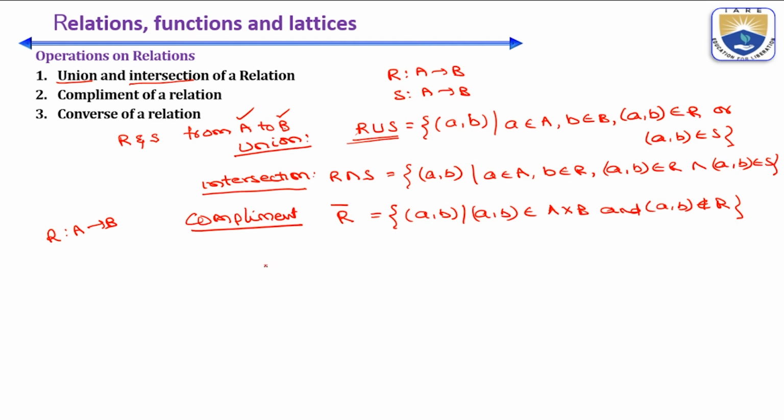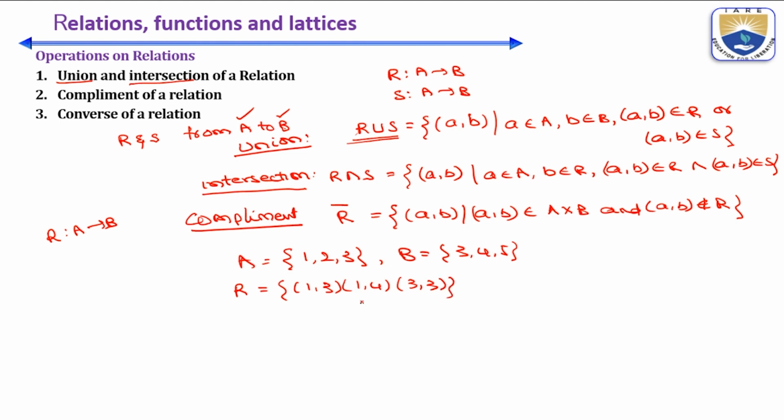Suppose A is the set {1, 2, 3}, and B is another set {3, 4, 5}. Then we define R as {(1, 3), (1, 4), (3, 3)}.